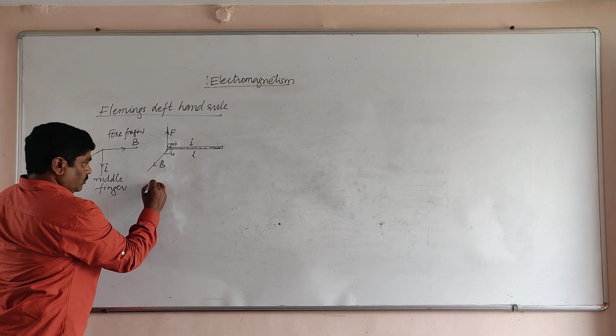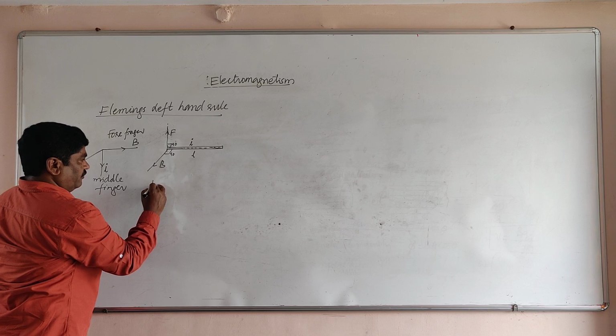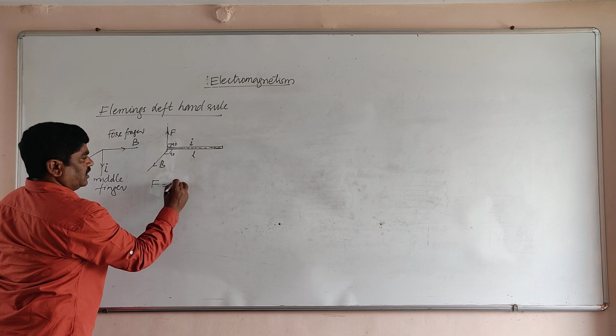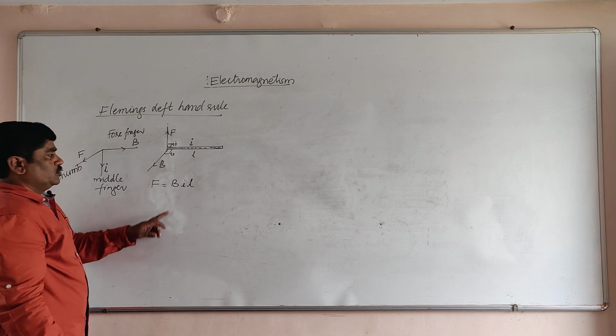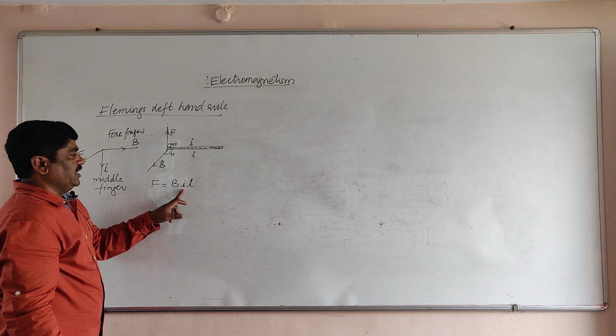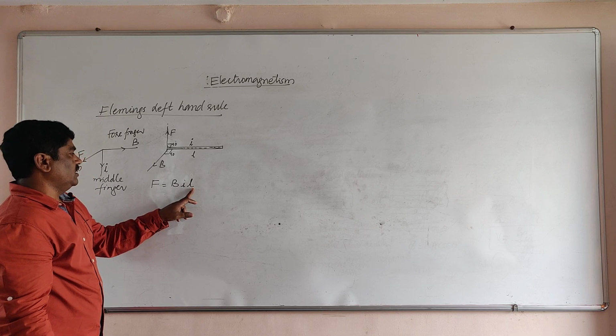From this, F is equal to BIL. So what is B? Magnetic field. I is the current, L is the length of the conductor.